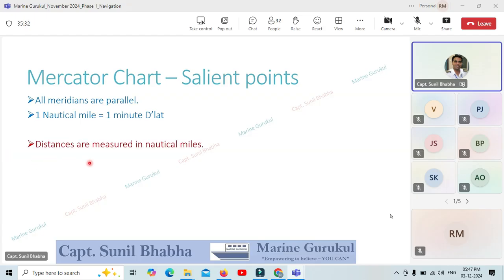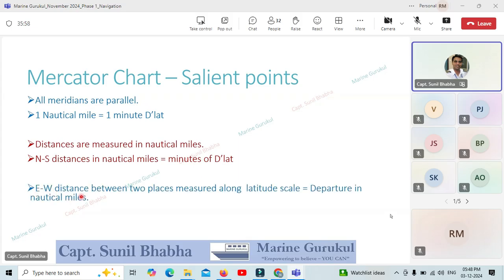The distances are measured in nautical miles, or in other words, the scale of distance is the same as the scale of latitude.